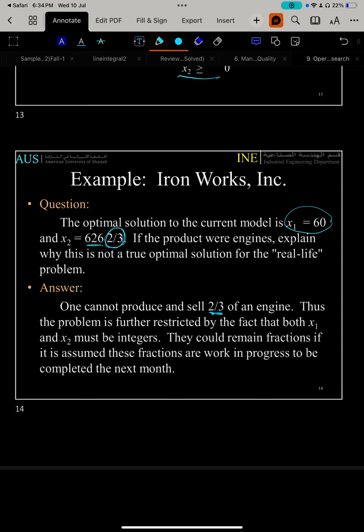The problem is further restricted by the fact that both x1 and x2 must be integers. So we have another constraint: x1, x2 are integers. They could remain fractions if it's assumed these fractions are work in progress, to be completed the next month.